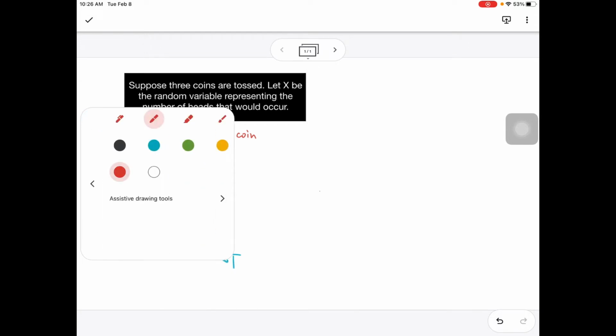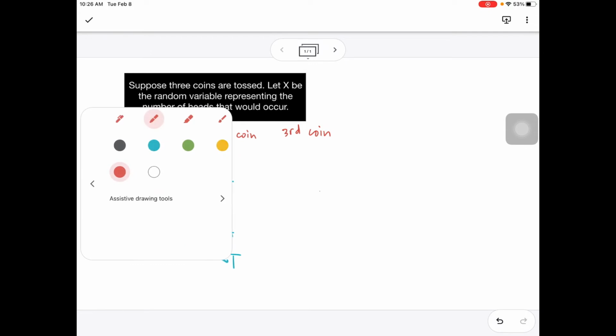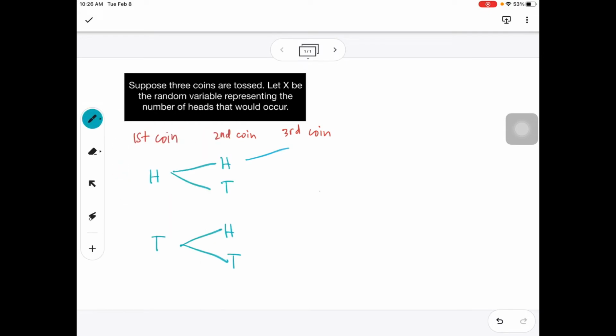For the third coin, same, this is heads and tails. Also another heads and tails here. Same goes with here, this is also heads and tails. Also heads and tails.